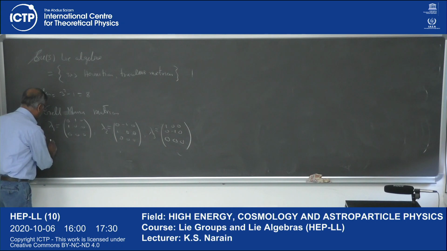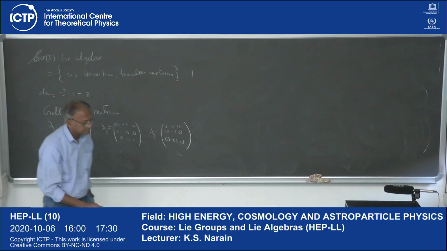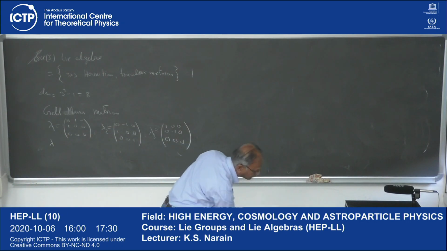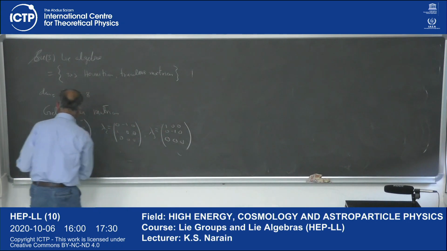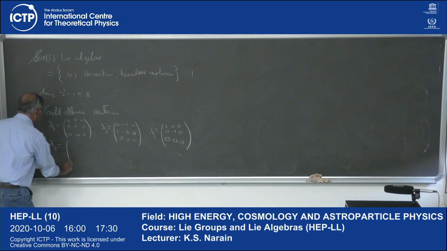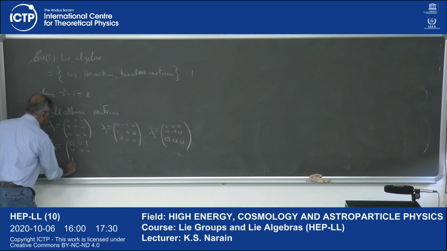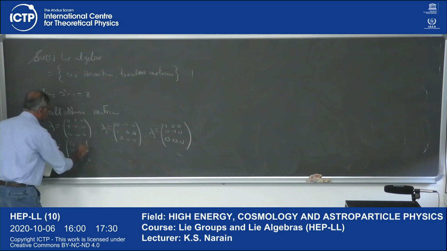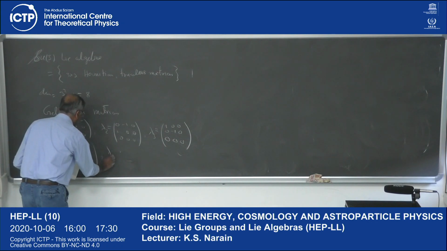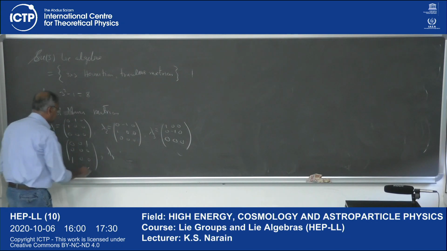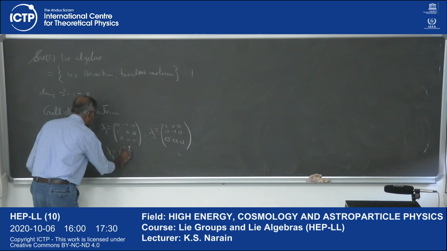Okay, now with the remaining ones, let's look at lambda 4. Lambda 4 is 0, 0, 1, 0, 0, 0, 1, 0, 0. Lambda 5 is 0, 0, minus i, 0, 0.